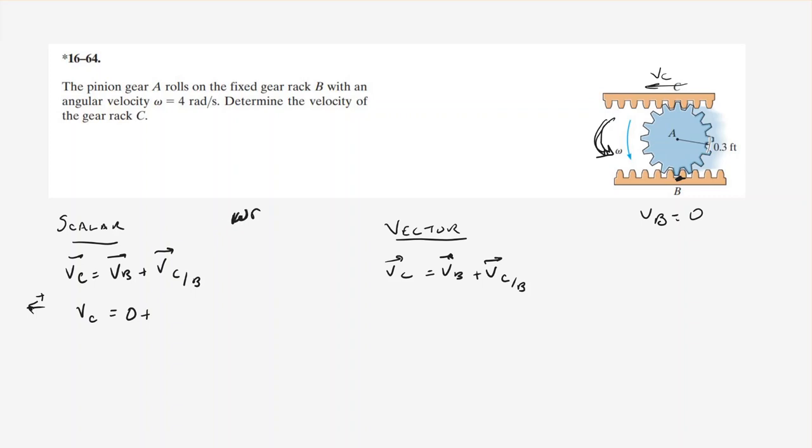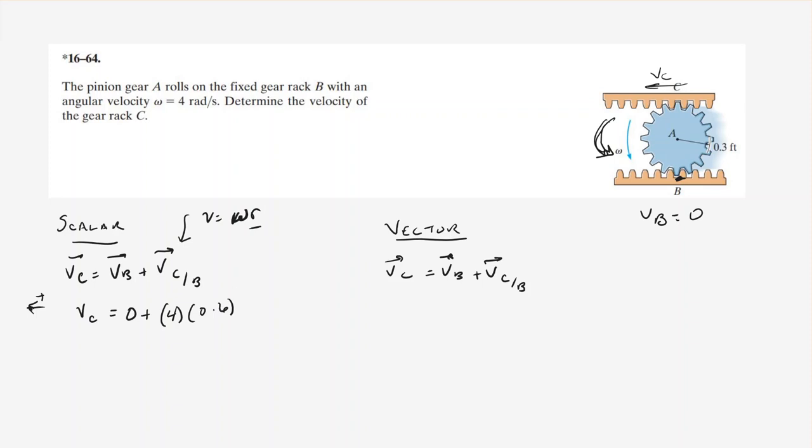So I need to talk about c with respect to b. It does say omega is 4 radians per second, and that's the angular velocity for the entire gear or disc. So this would be 4 radians per second, and the radius would be 0.6.